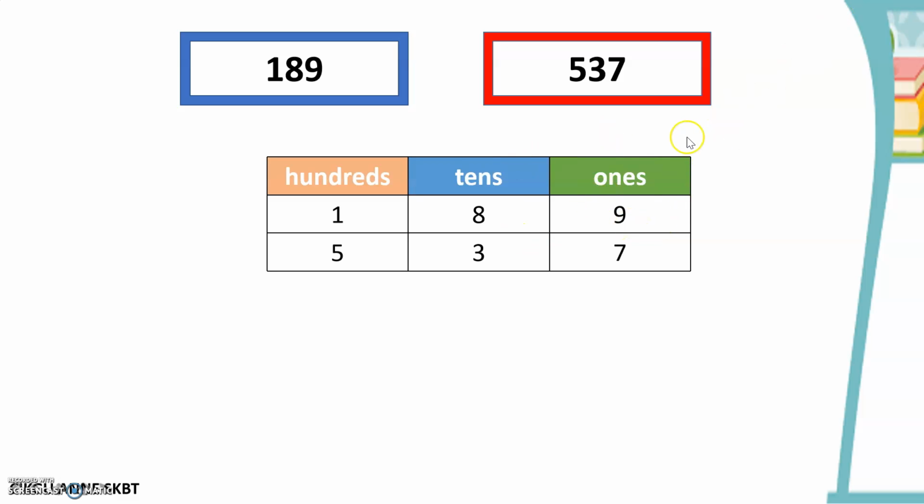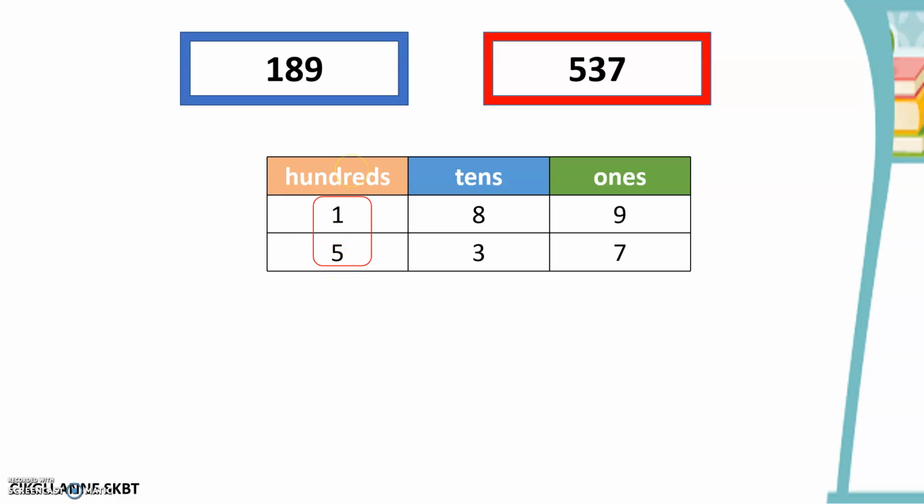So first, separate the digits according to the place value, 189, 537. From the left, the larger place value is hundreds, 1 and 5. Which one is larger?